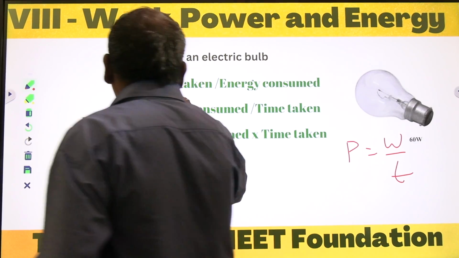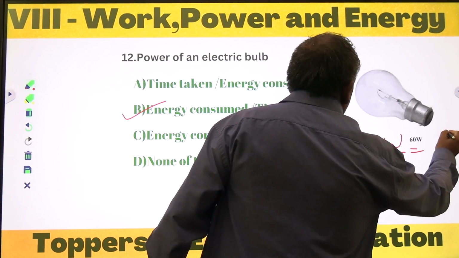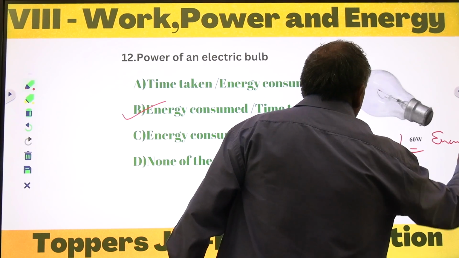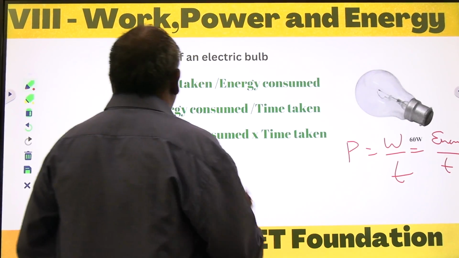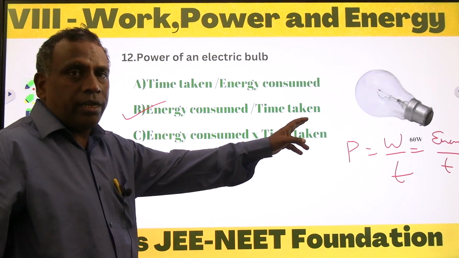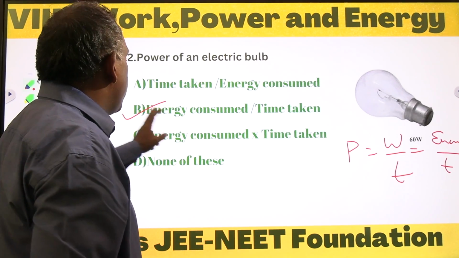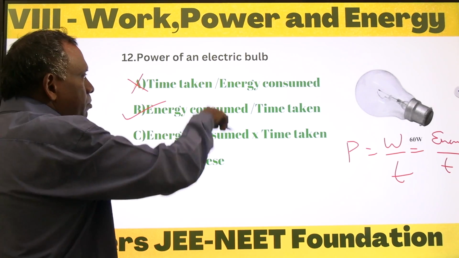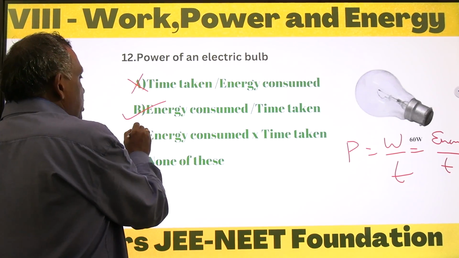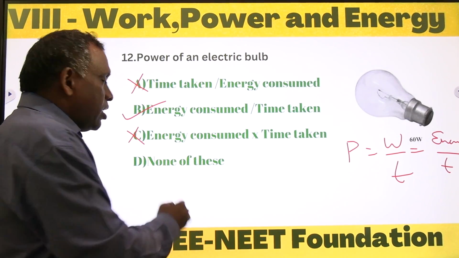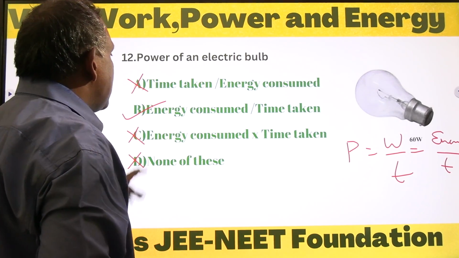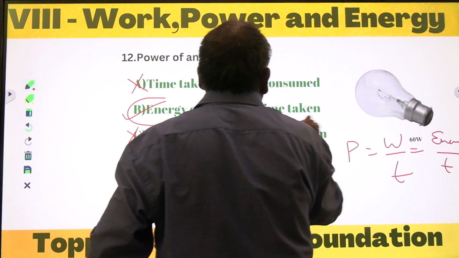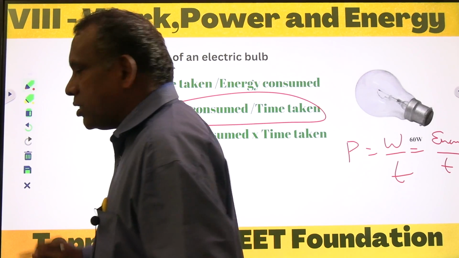Work is nothing but energy, so energy upon time we can call power. So energy consumed by time taken we can call power. Option A, time taken by energy, is a wrong answer. Energy consumed into time is wrong. None of these is also wrong. The answer is energy consumed upon time. This will be the correct answer.